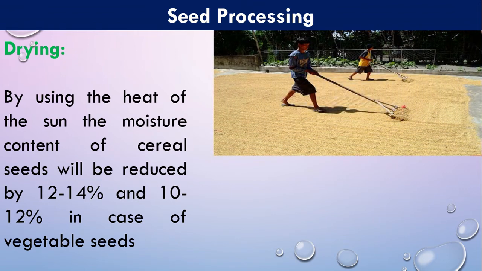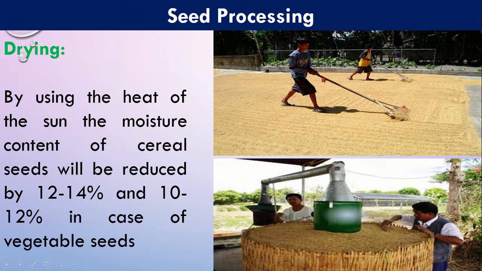So how can you dry the seed? You can dry the seed in the sun, or in the top picture you can see the local method of seed drying, and this is the modern method invented by IRRI, the International Rice Research Institute, for drying the seed.